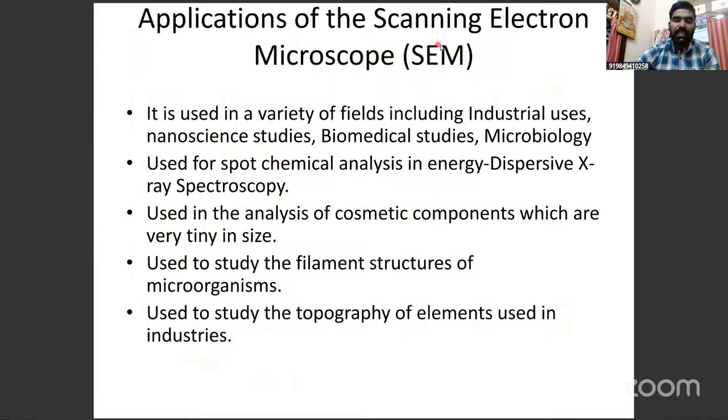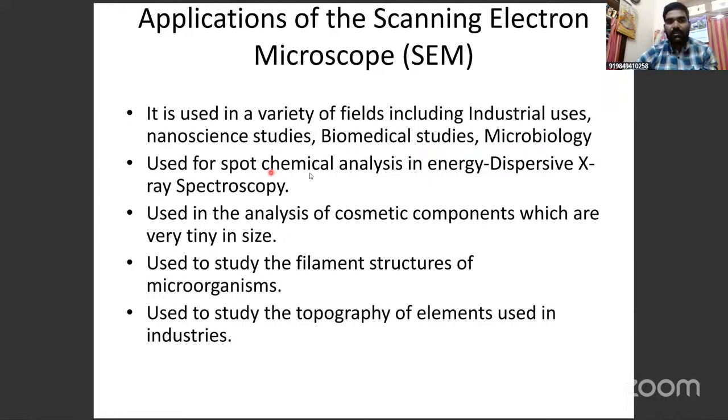So, applications of the scanning electron microscope. It is used in a variety of fields, including industrial uses, nanoscience studies, biomedical studies, and microbiology.